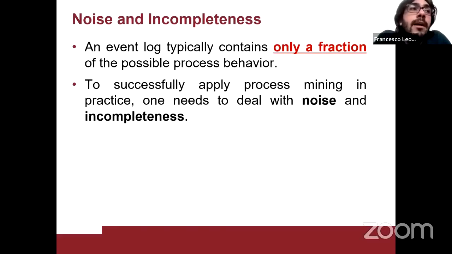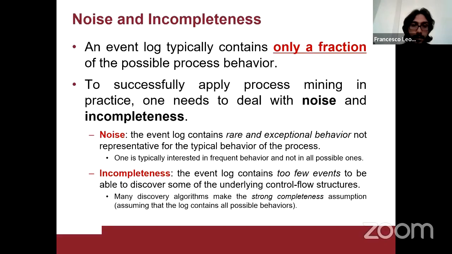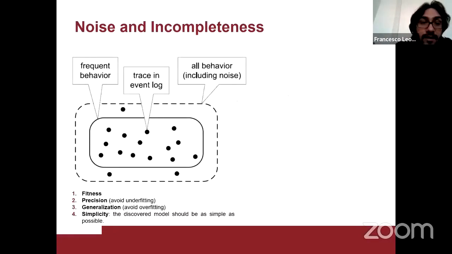For example, during an execution of a process, one specific check, which is actually mandatory, has been skipped. Or the event log can be incomplete. That is, what we have seen in the reality does not represent all the possible executions of the process. And of course, these two kinds of things are very difficult to face.